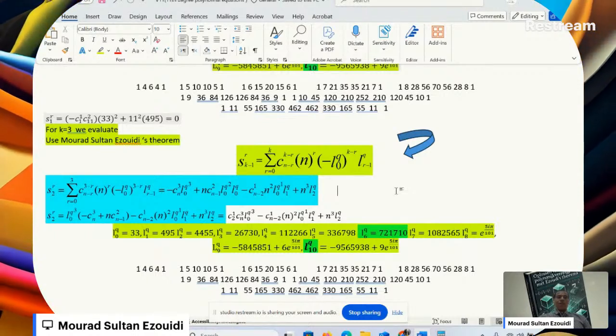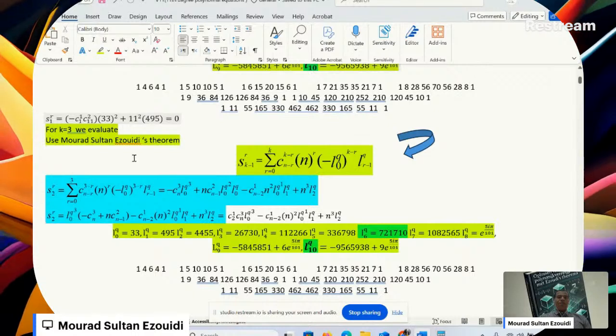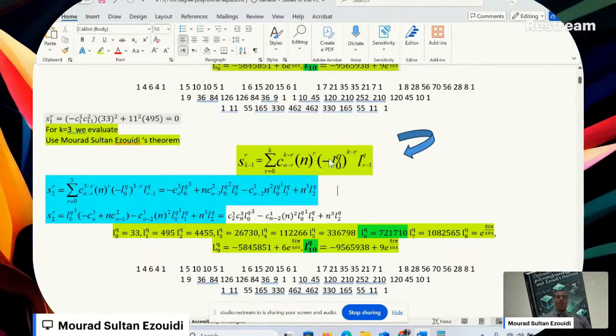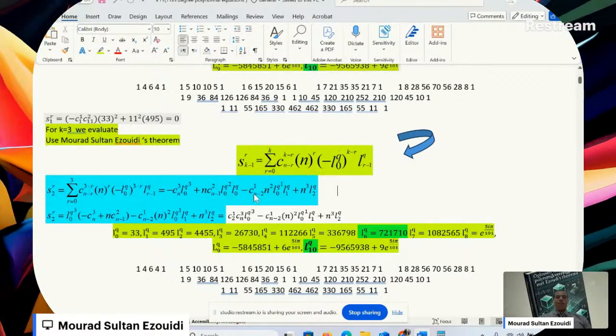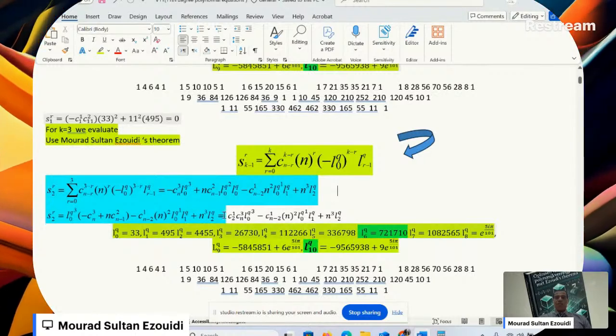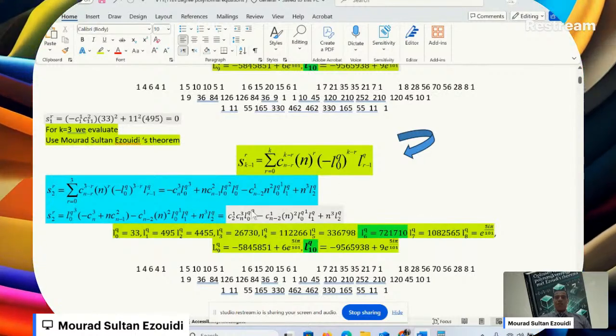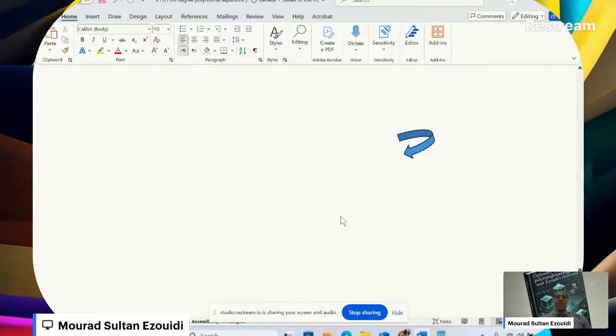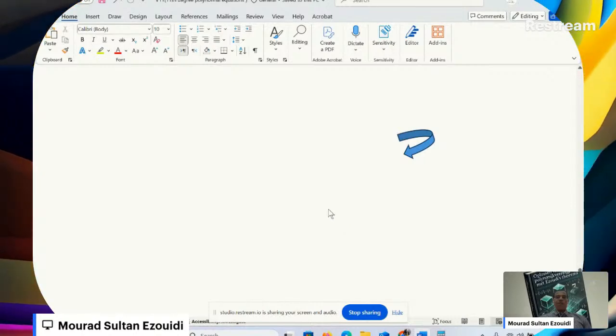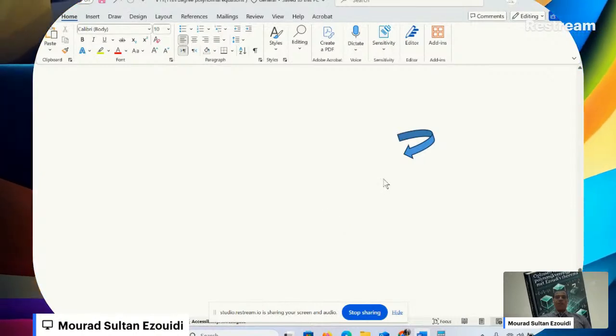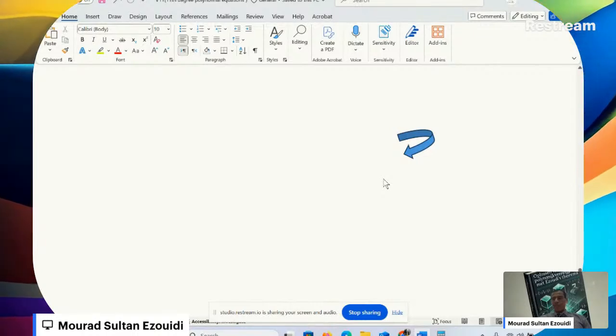So we told that this is S2. We put k equal 3 in the general formula of Mourad Sultan Ezouidi, and we obtain that this is the value of the general formula of S2, which is equal to, okay, I'm still waiting.